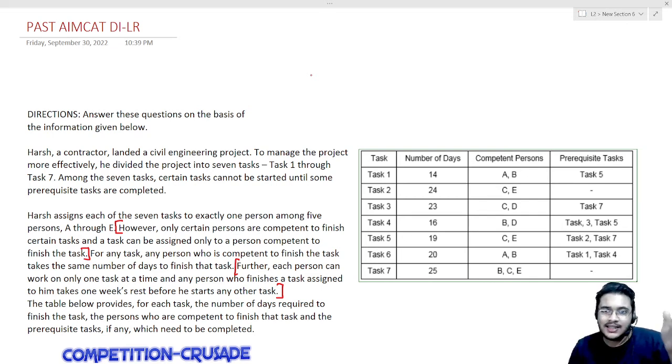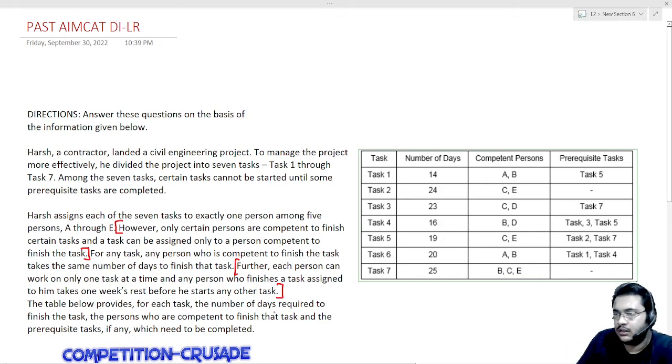So X works till the 20th day, and Y, at the end of the 15th day, till the 20th day will have 5 days worth of rest. That is the concept of simultaneity that you would have to understand in this set.